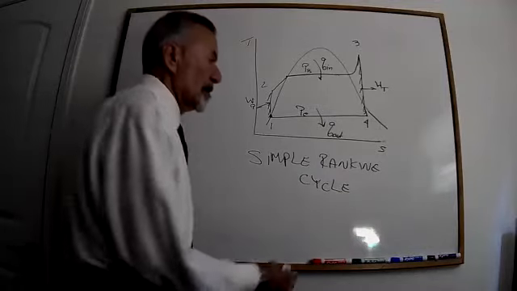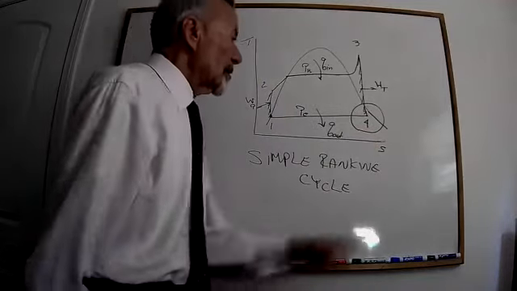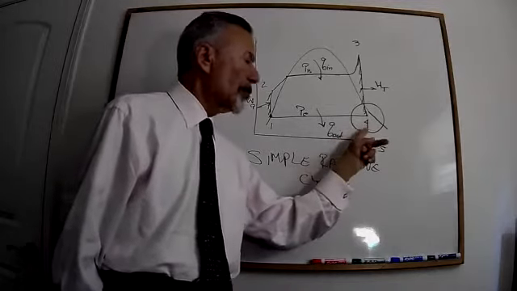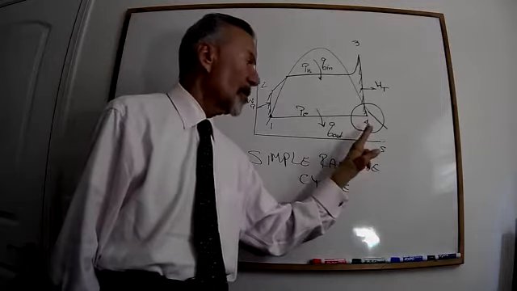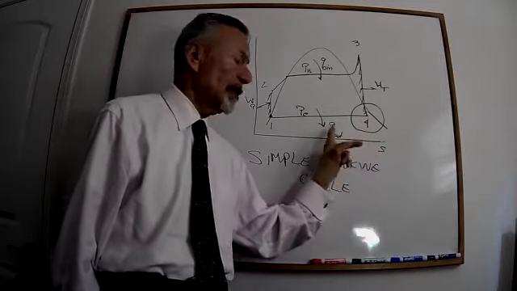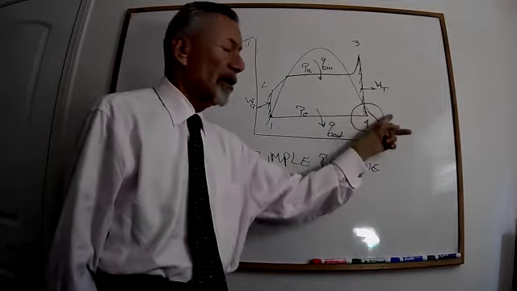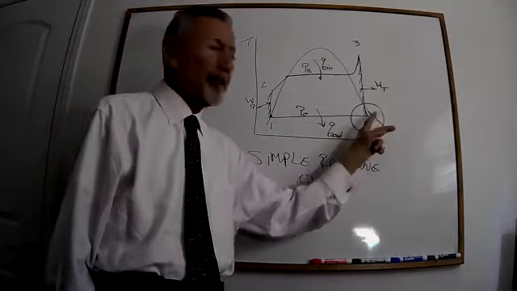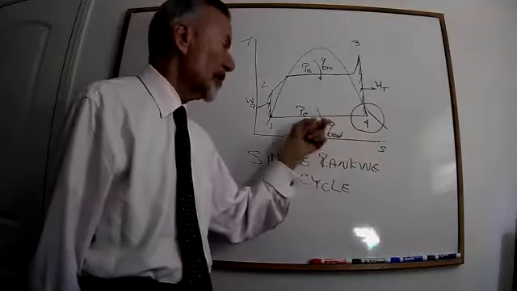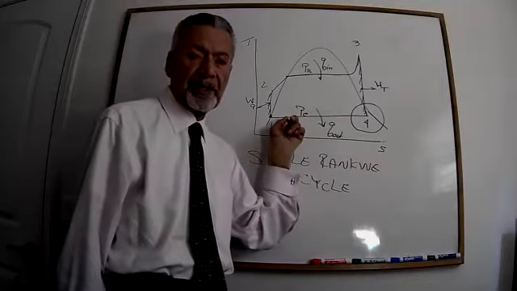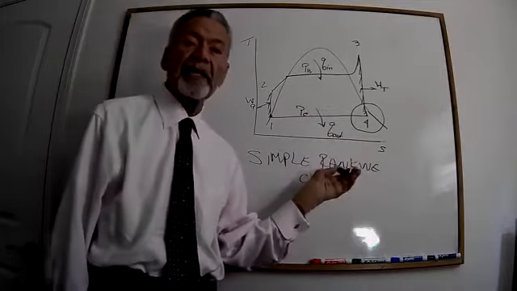Now, one thing that few people make mistakes on: no matter what you do, the last point of the cycle is always going to be in a mixture, not on the saturated vapor line, and definitely not in the superheated region. So please make sure when you do your TS diagram, the last point is always in the mixture region.